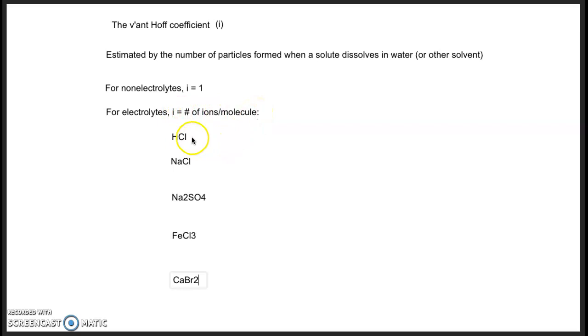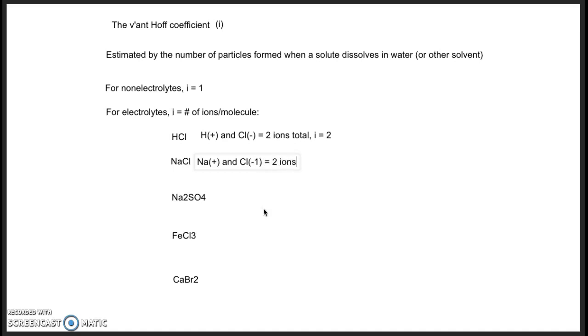But for things that are electrolytic, I is basically equal to the number of ions that we get per molecule. So for hydrochloric acid or hydrogen chloride, we would get an H plus ion and a Cl minus ion, 2 ions in total. I would equal 2 in that case. For sodium chloride, I would get sodium ion and chloride ion.